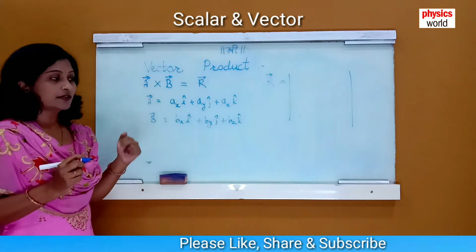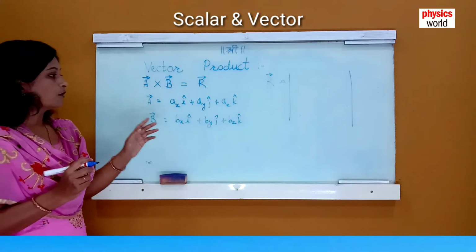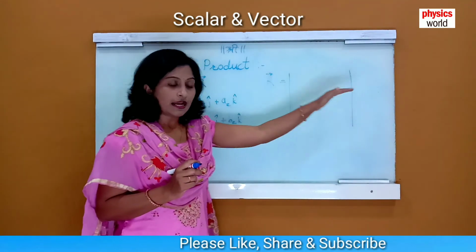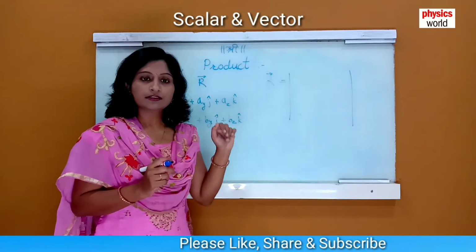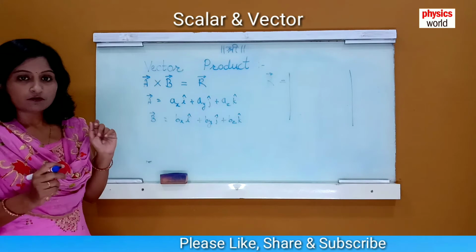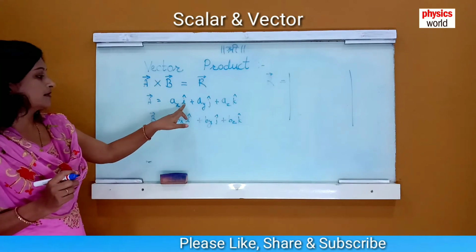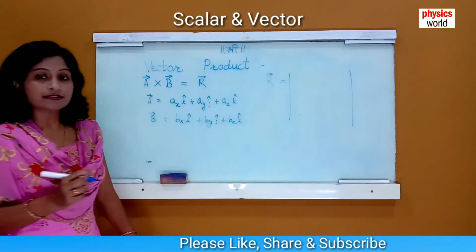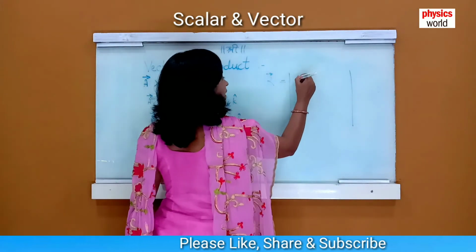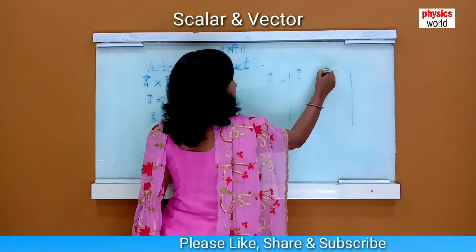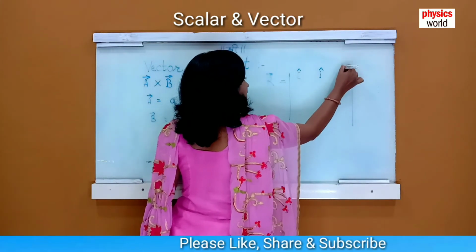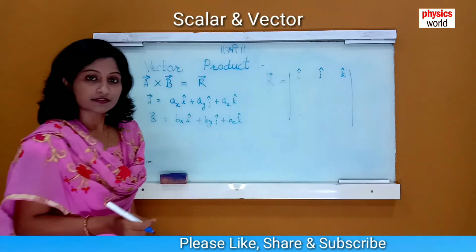Columns are those that come vertically and rows are those that come horizontally. In the first row we will write i, j, k as it is, keeping some distance.